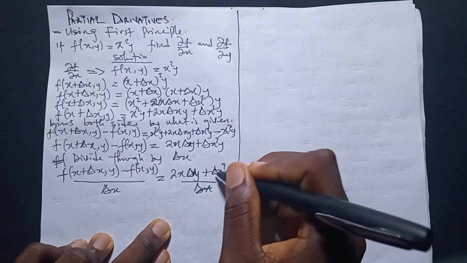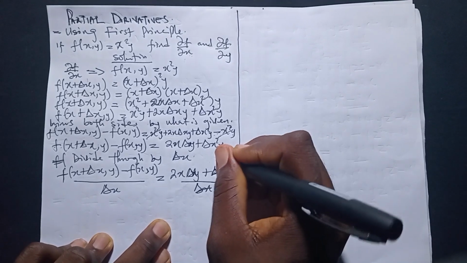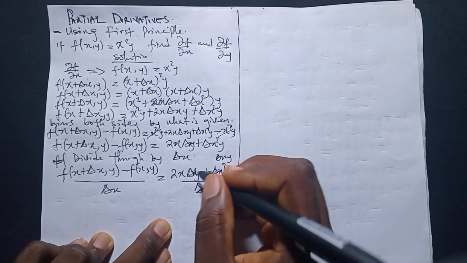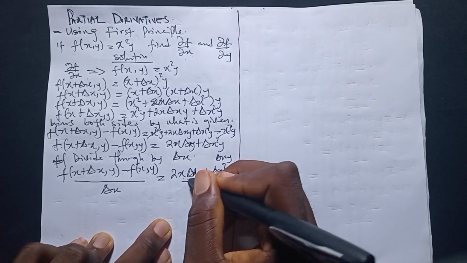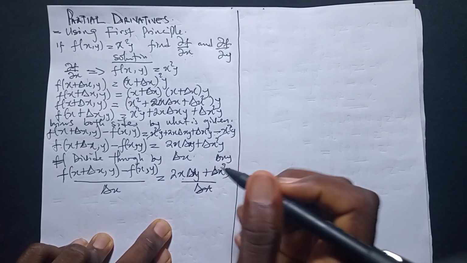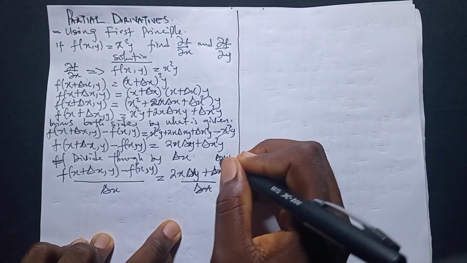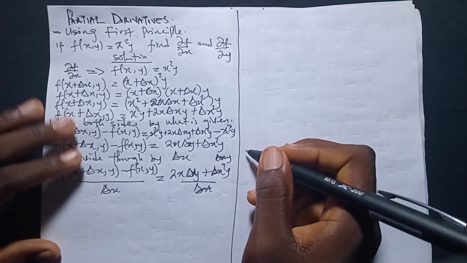Now change in x can cancel here. We are left with 2xy plus change in x y.